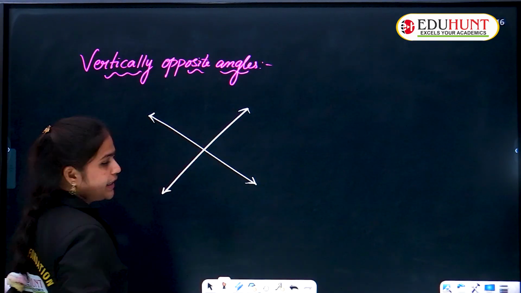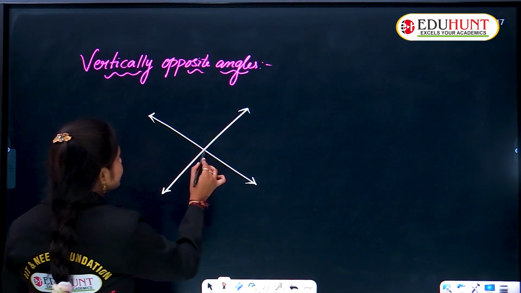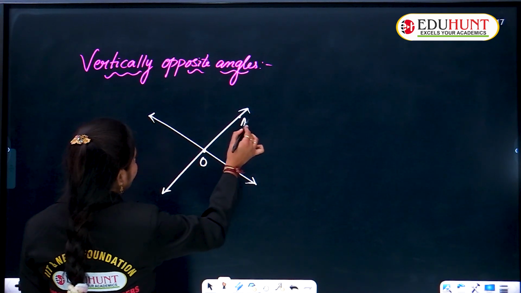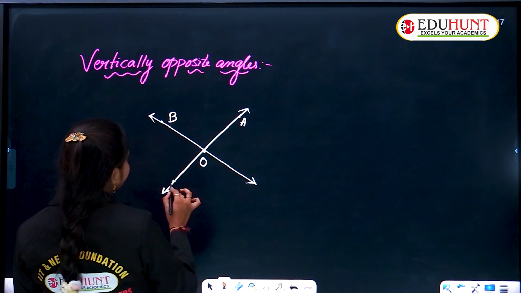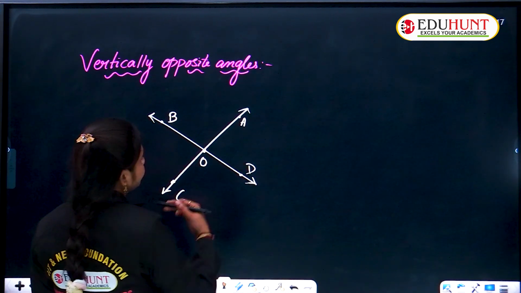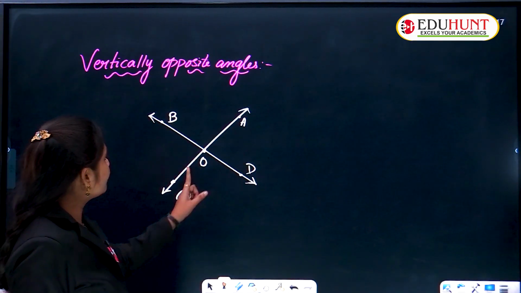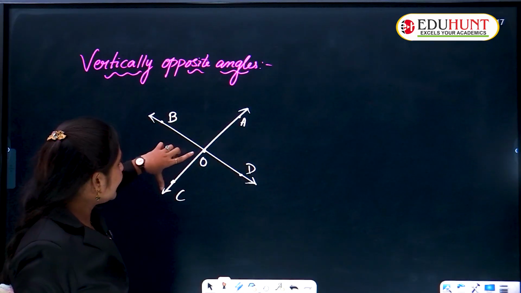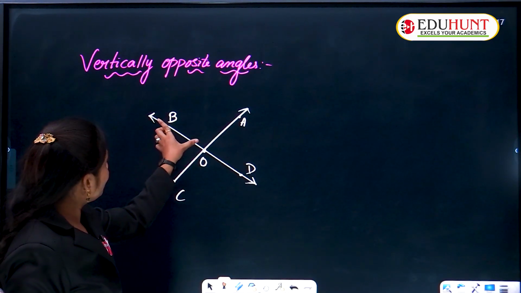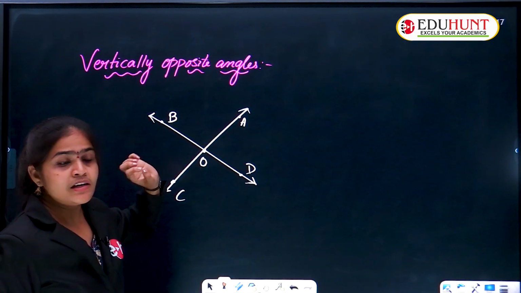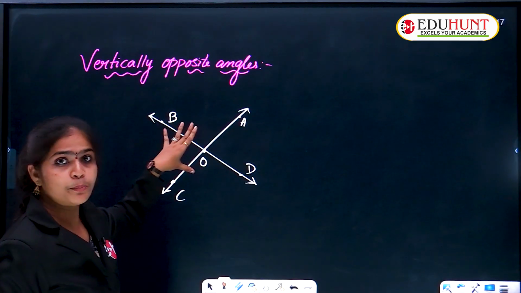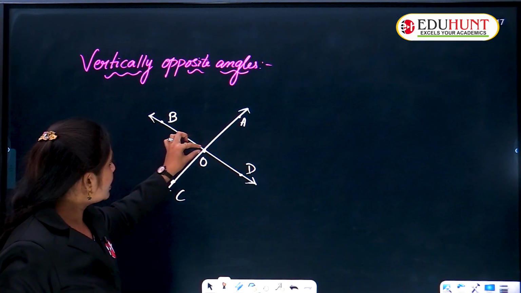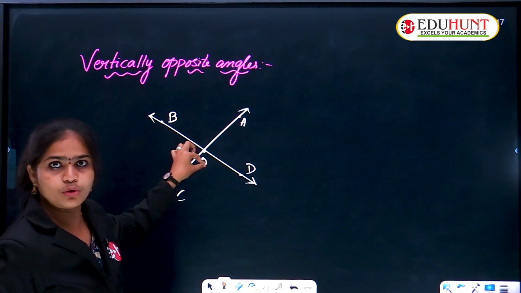When you observe the two intersecting lines, this is O, this is OA, OB, OC, OD. We can say that AC is one straight line, BD is another straight line, and in the same way OA and OC are opposite rays and OB and OD are opposite rays. Such two opposite rays also intersect at the point O.